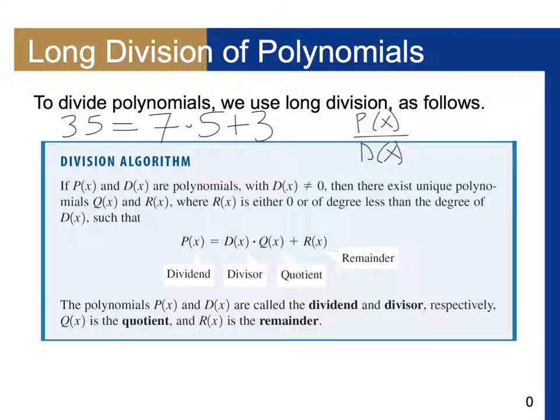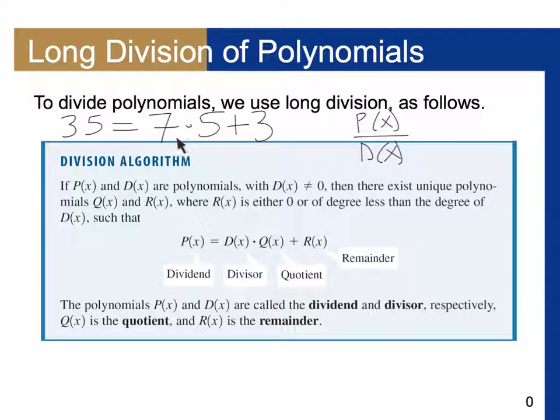Another way to look at that problem is that we could say 38 equals 7 times 5 plus 3. That's our dividend, this is our divisor, and this is our quotient. So you can see here's the divisor and quotient plus remainder. We can write it this way, showing that I tried to factor 38 into 7 and 5, but I didn't quite because I have a plus 3 there.